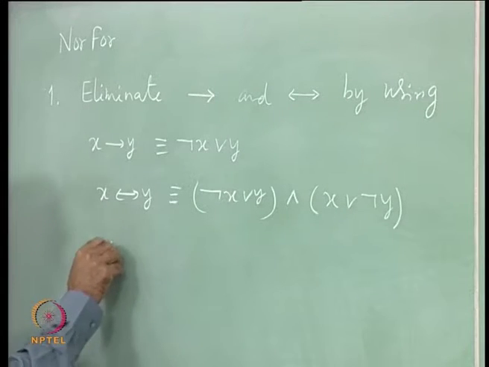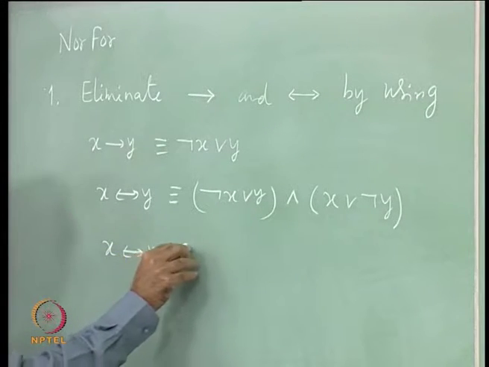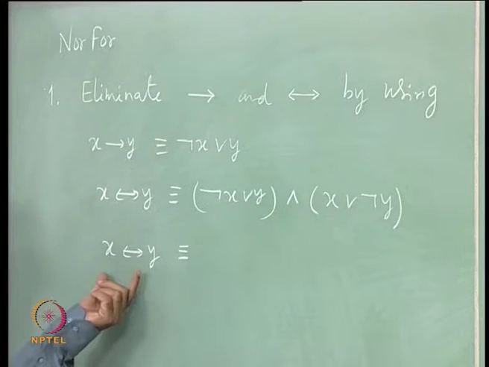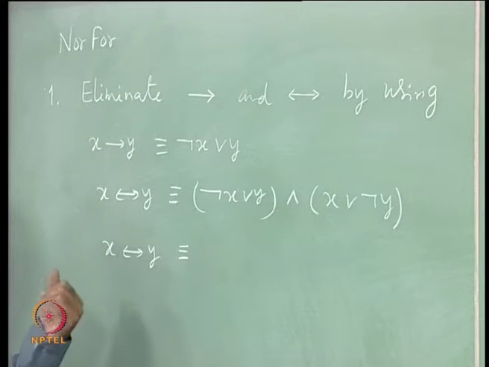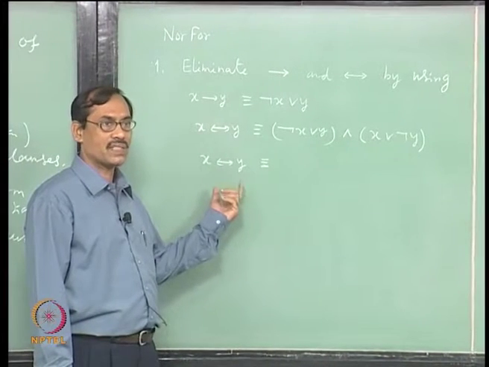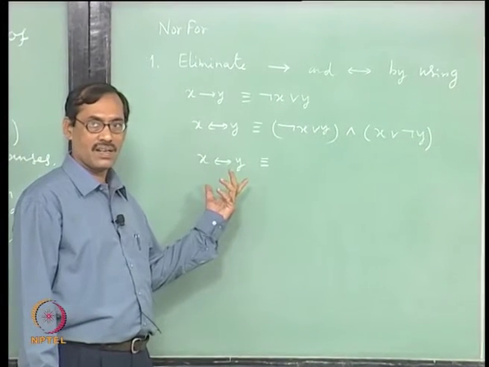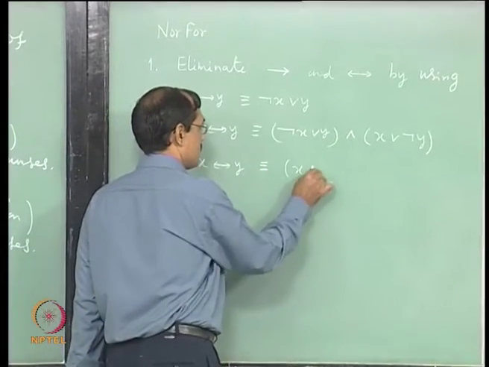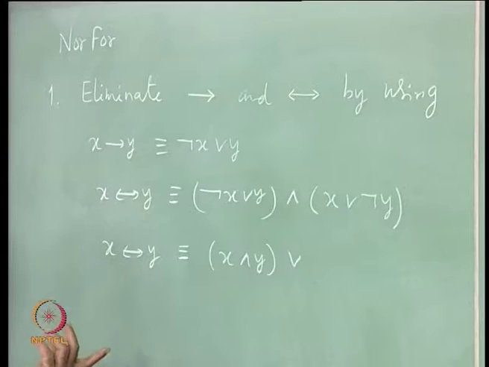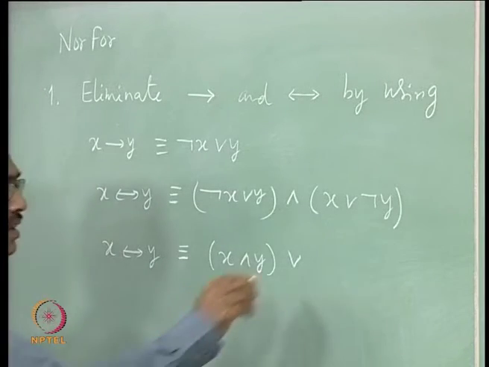You can also say x if and only if y is equivalent to, you just see its models. Its models are when x and y are having the same truth value, right. So, if x, y both are true, you get x and y, or let us write it first, x and y, or both are false. So, not x and not y.